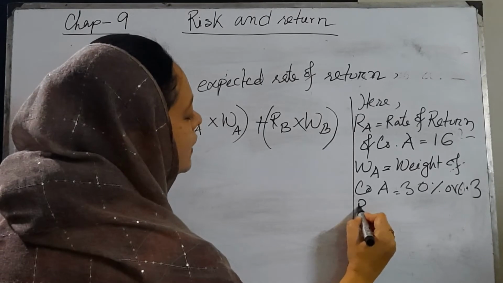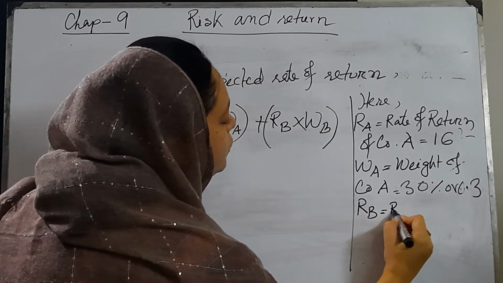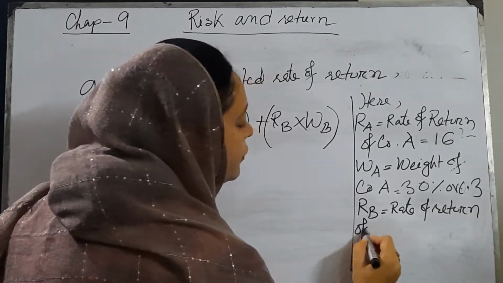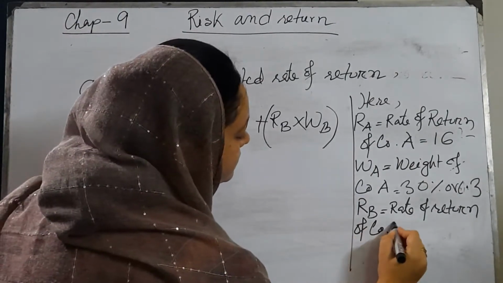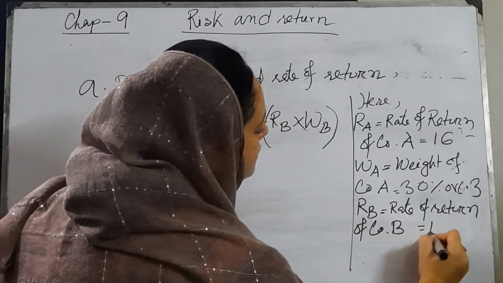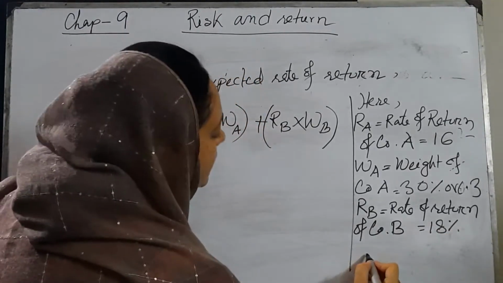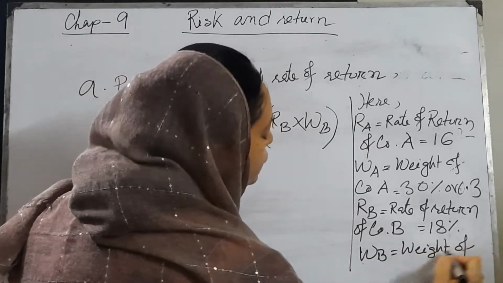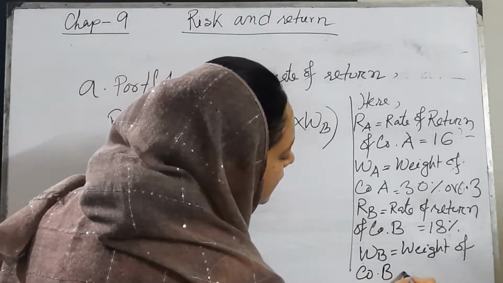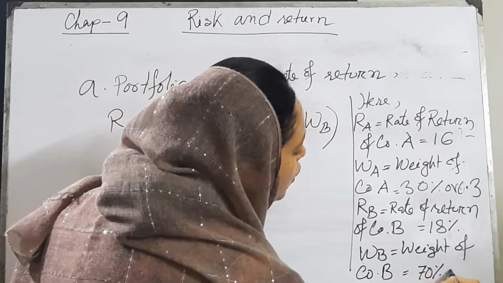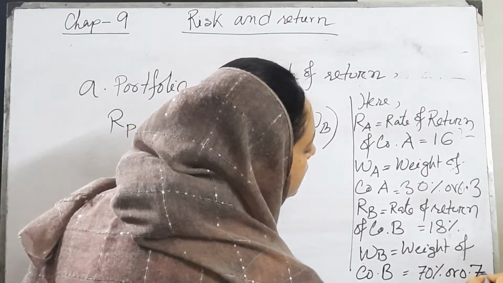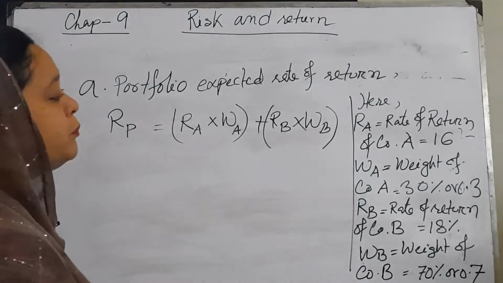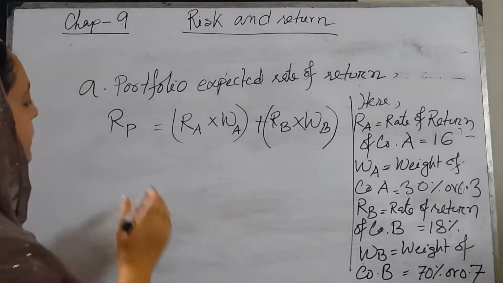Now RB, the rate of return of company B, is 18%, and WB, the weight of company B, is 70% or 0.70, 0.7. All these are the information here, and now I am putting all this information in this formula.